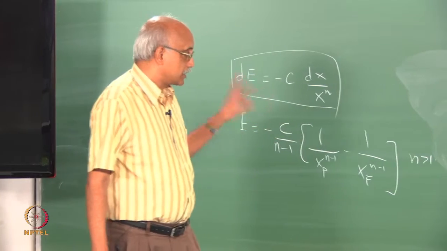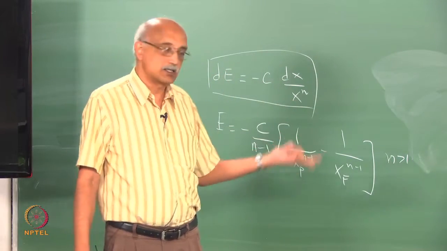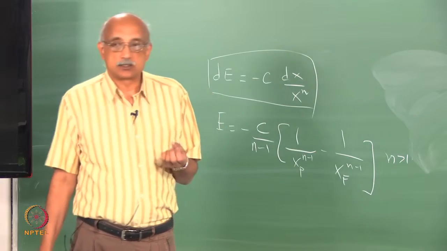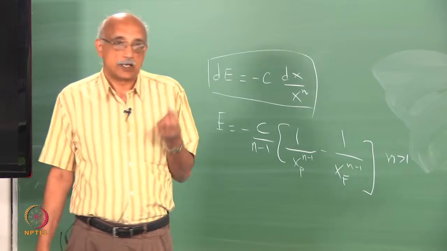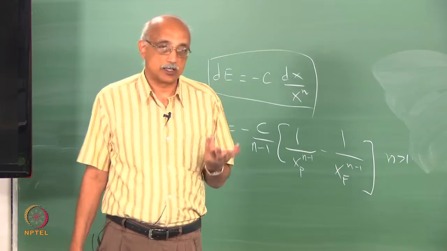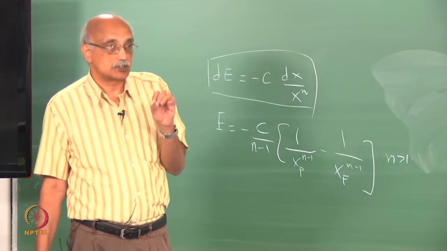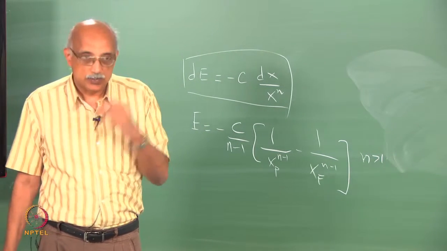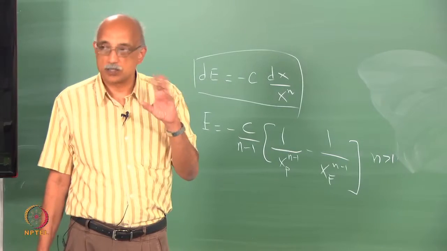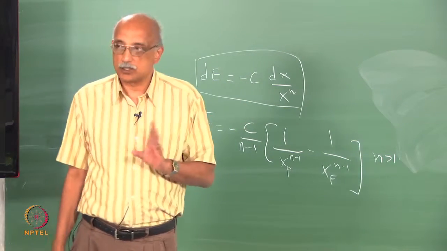The statement has been made, in fact, by all three, Kick, Bond and Rittinger, that the constants depend on many things. They depend on the material, they depend on the method by which the size reduction is happening, they depend on not just the bulk properties of the material, but even the surface finish, roughness, other properties of the material. So, in that sense they are totally empirical constants.